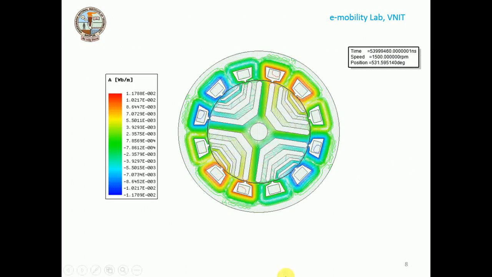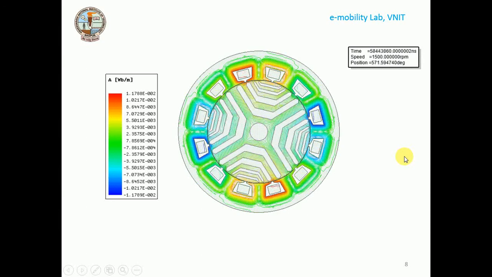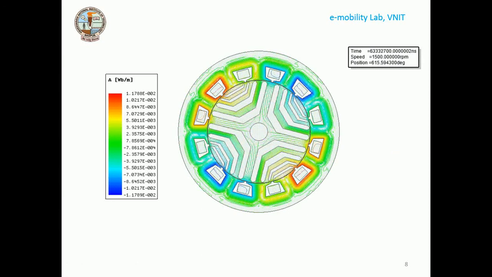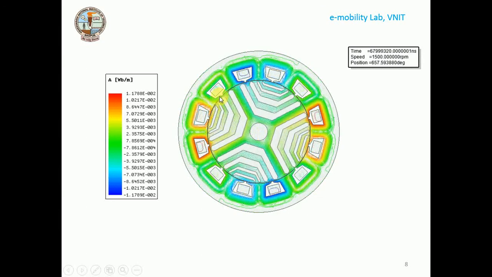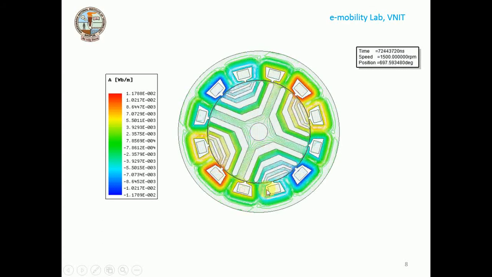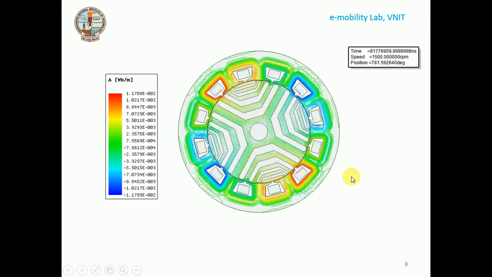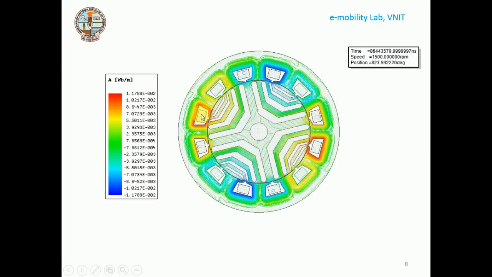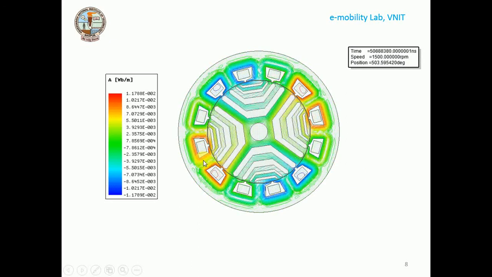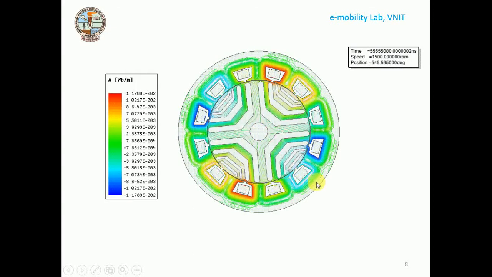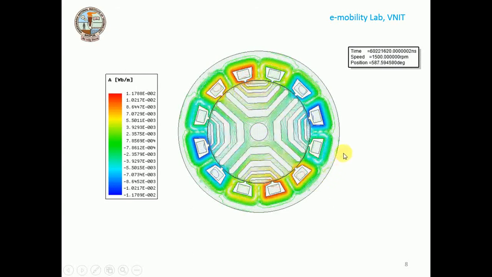Now, this is the basic principle I tried to show you. Whenever the flux linkage changes, it tries to take the minimum reluctance path. We are exciting a sinusoidal quantity which is rotating at synchronous speed.